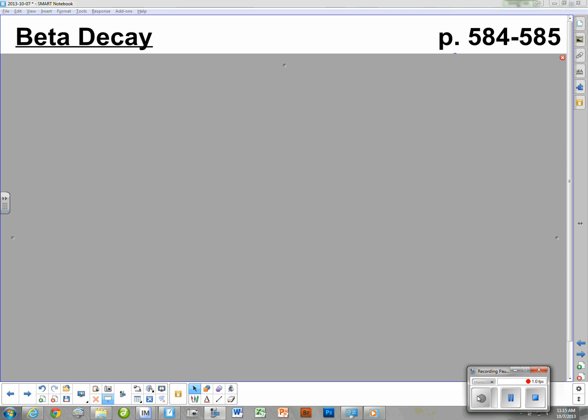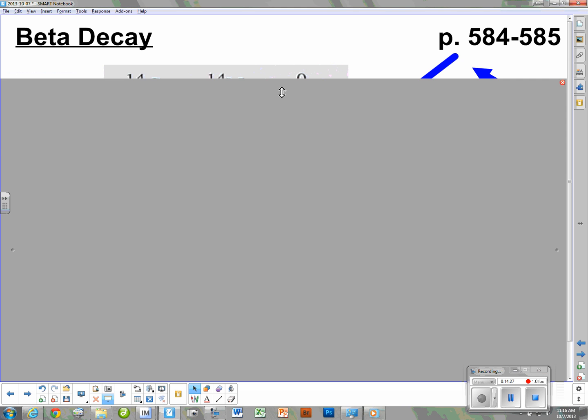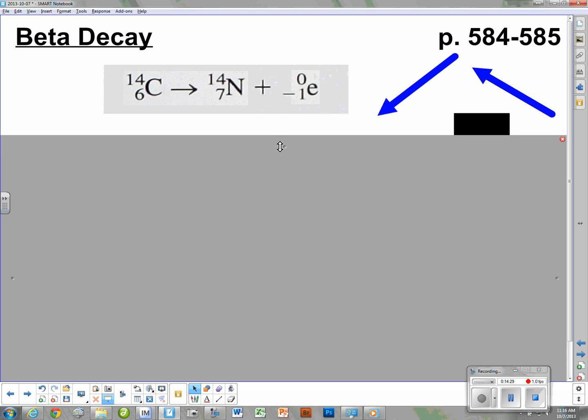Here we go. Now, let's look at the first and most simple one, which is beta decay. In beta decay, we are looking at a carbon-14 atom changing to a nitrogen-14 atom. That's kind of weird, huh? What changed between these? Now, wait a second. The mass number didn't change.